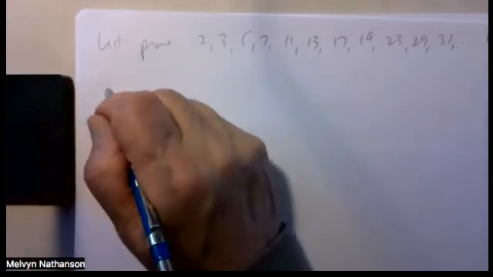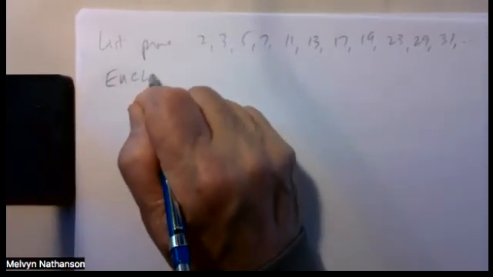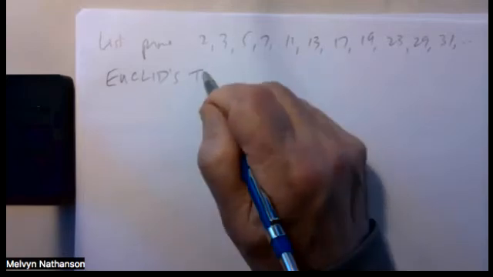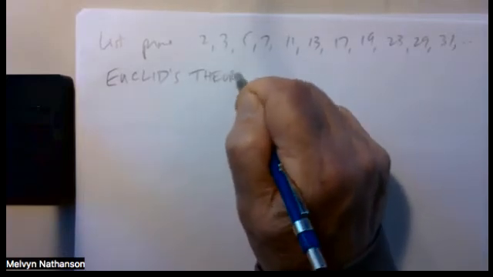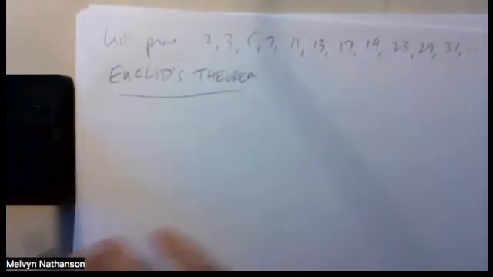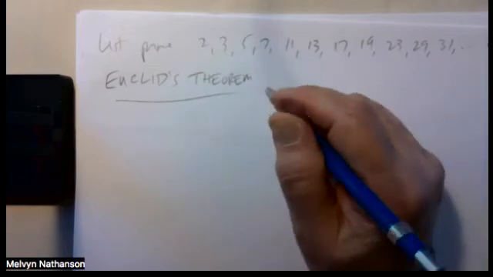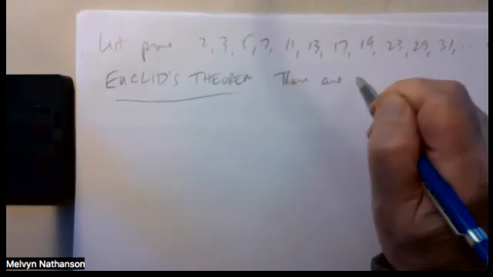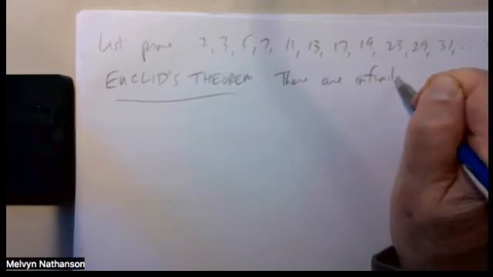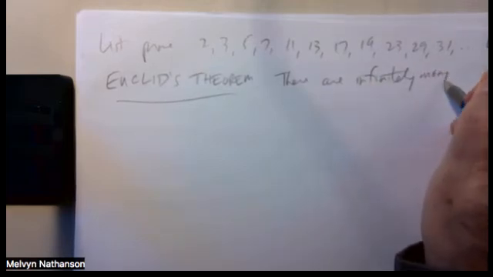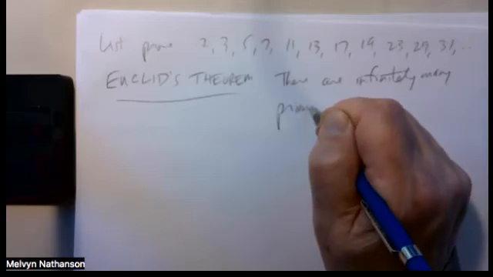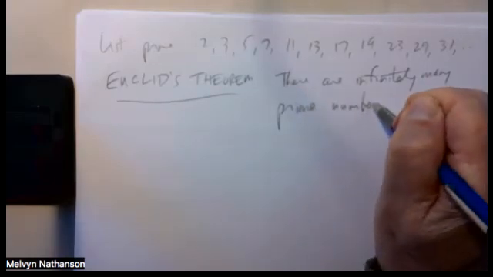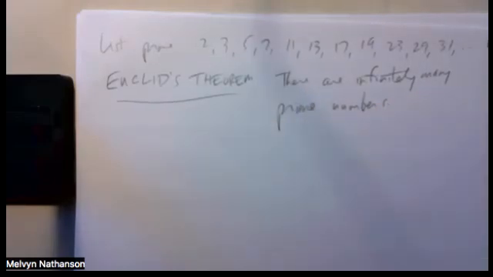And this is a question that Euclid proved. He might not have, but he certainly included it in his book 2,500 years ago. There are infinitely many different primes. So Euclid's theorem says this list has infinitely many prime numbers.